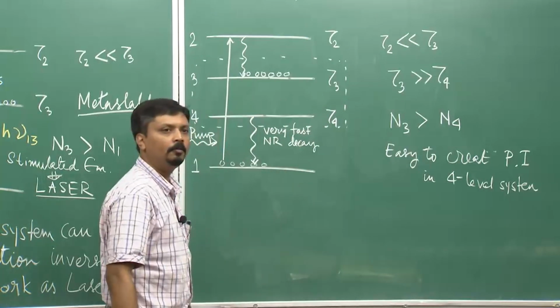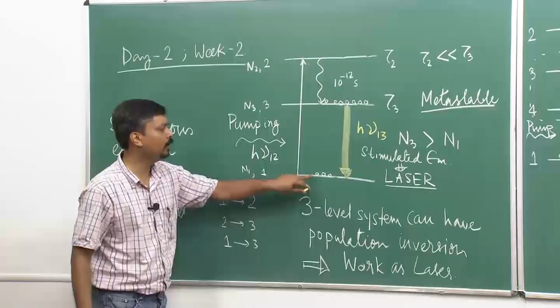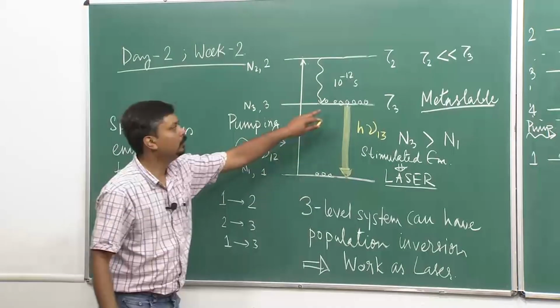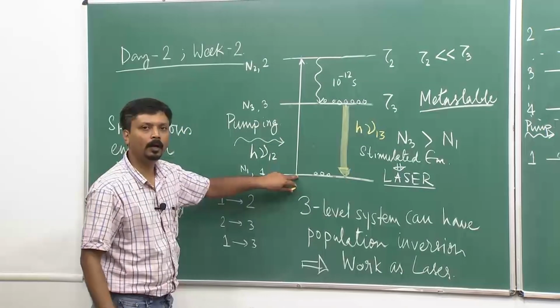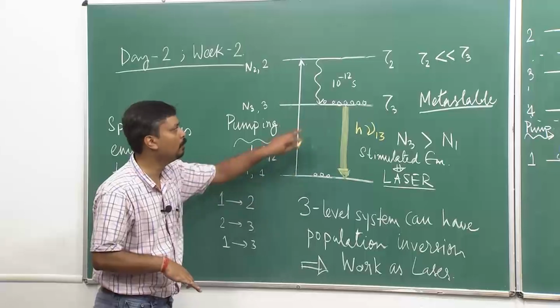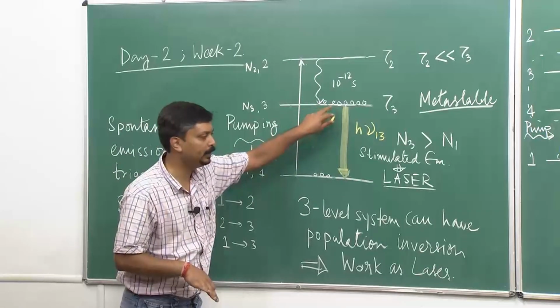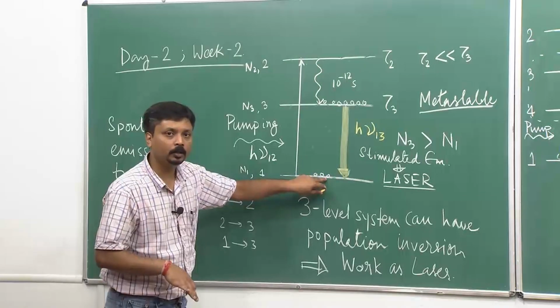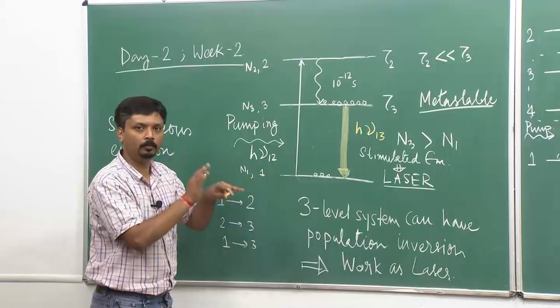Correct? For a moment, just come back to this picture where this level and this level were coupled by downward transition, and they are involved in lasing. So, population inversion had to be established here with respect to the ground state. So, if you have to do that, you had to really pump it hard. We told that, right.